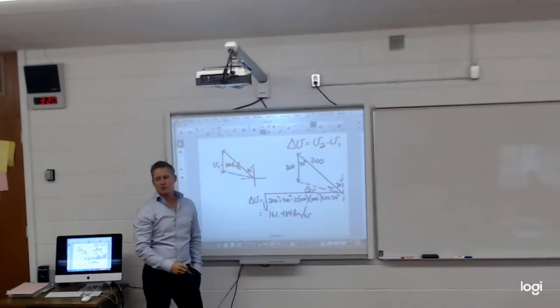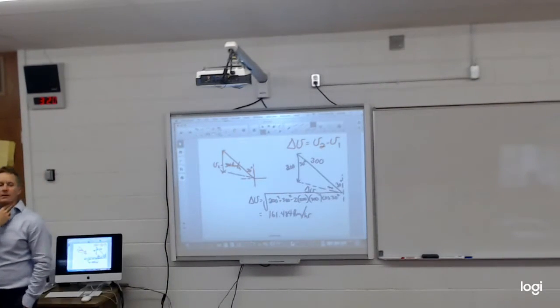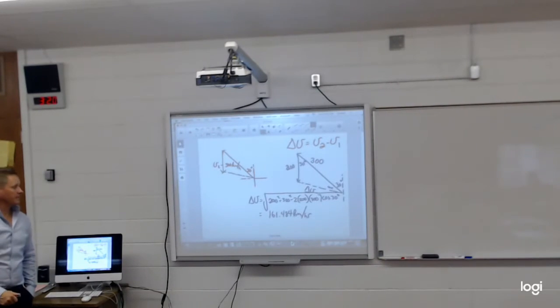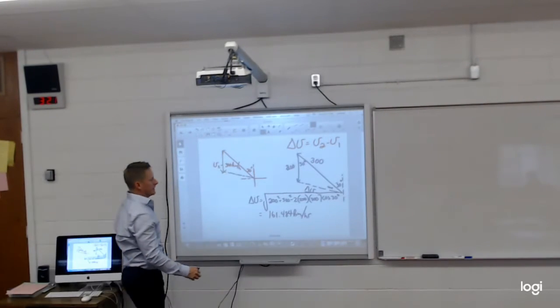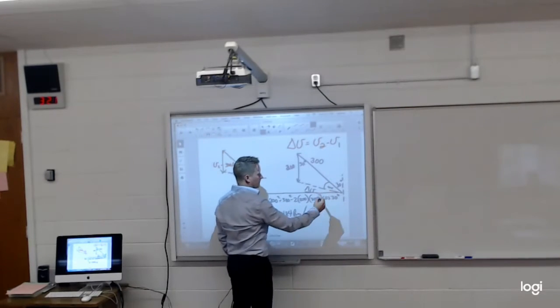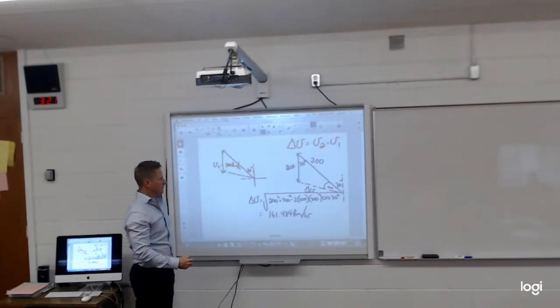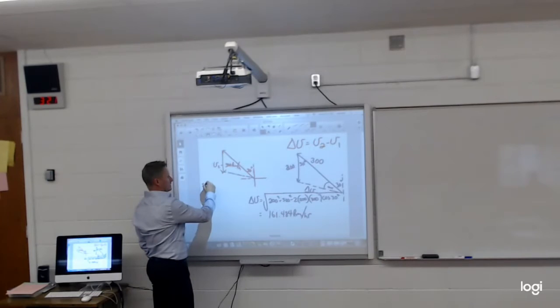The other way is definitely longer than that. Okay, but here's the thing. Yeah, because I can't get my angle. So now I've got to get this angle right here. Since you already have the side, it's fine. So I've got sine of that angle over the side opposite, which is 200.